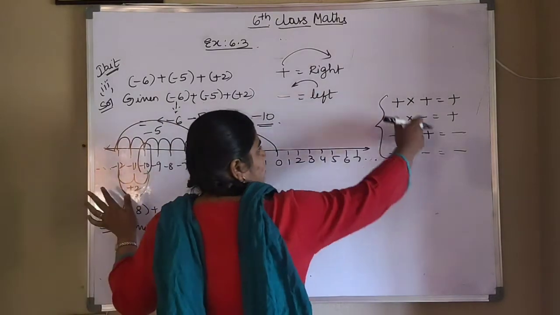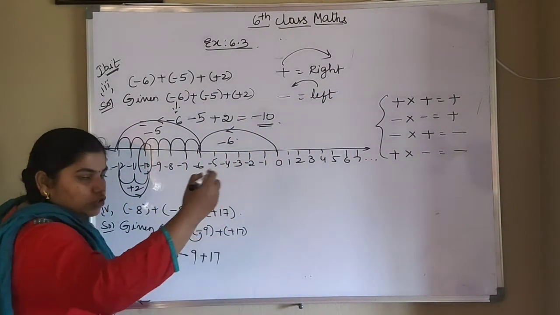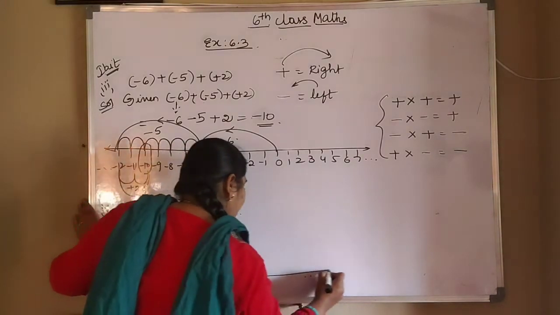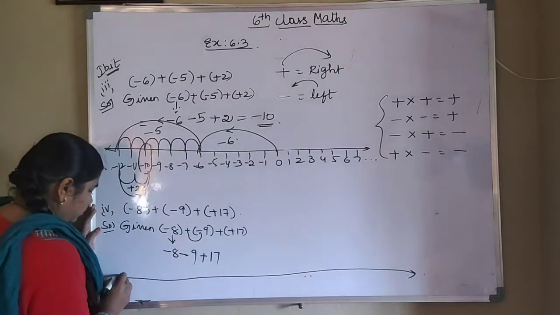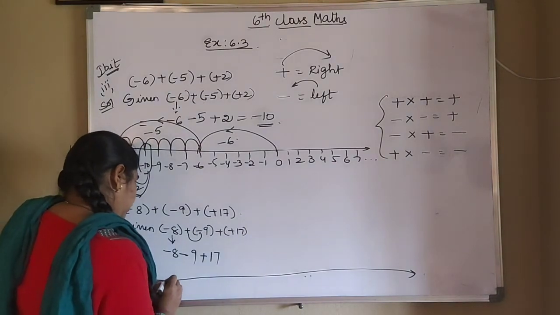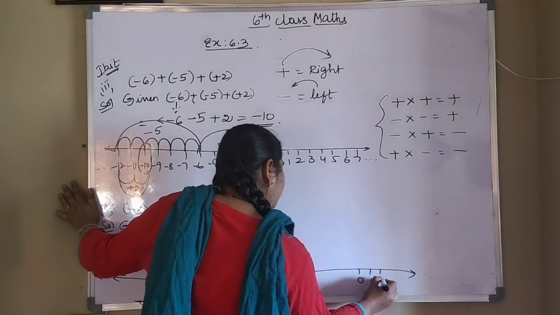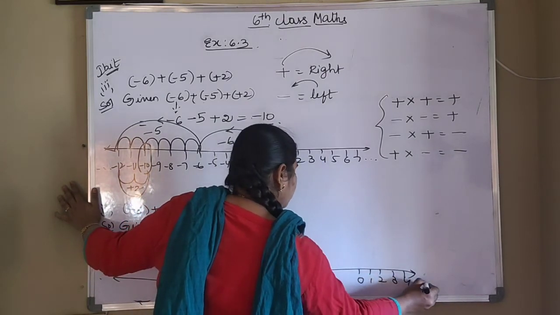Okay. So now this one we have to represent on a number line. So I am drawing one number line. 0, 1, 2, 3, 4 and so on.